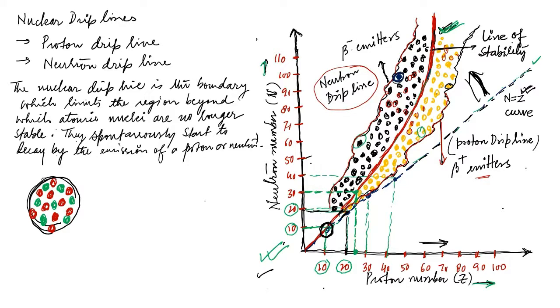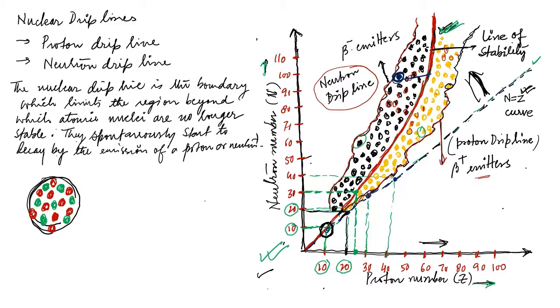So this nucleus will try to come to the line of stability, and for doing so it will go through different processes. Why is it known as the drip line nuclei? Because it is the end: you cannot add more neutrons or protons inside this nucleus.